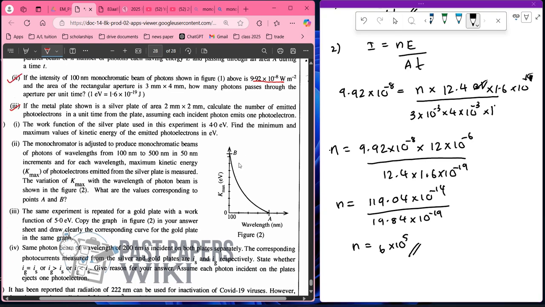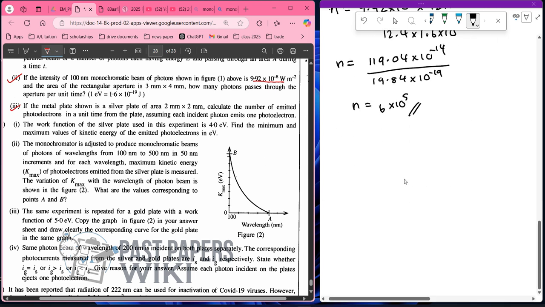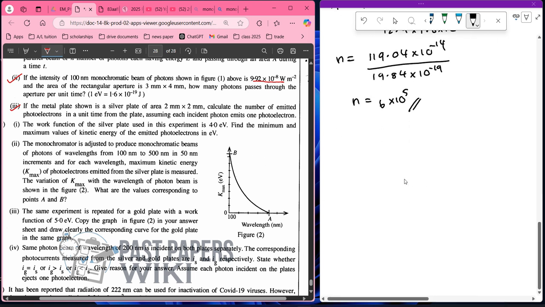Now part 3, which we didn't complete yet. If the metal plate shown is a silver plate of area 2 mm into 2 mm, calculate the number of emitted photoelectrons in unit time from the plate, assuming each incident photon emits one photoelectron. So they have given a specific area now.